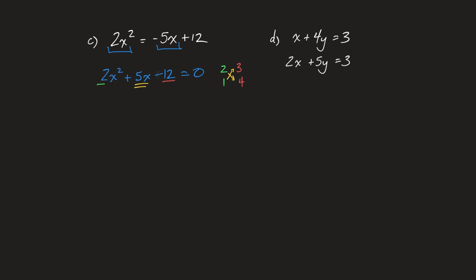So all I need to do, if I get rid of those arrows in the middle and then just clean up a little bit, that was my 4, is if I had a positive on the 4, then 2 times positive 4 gives me 8. 1 times 3, if that's a negative 3, gives me negative 3.